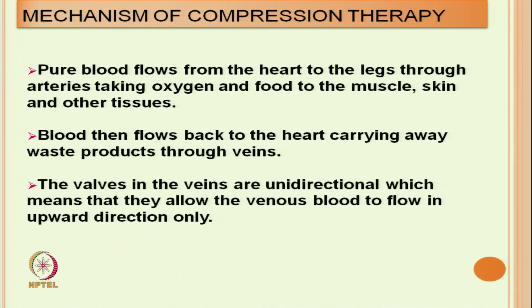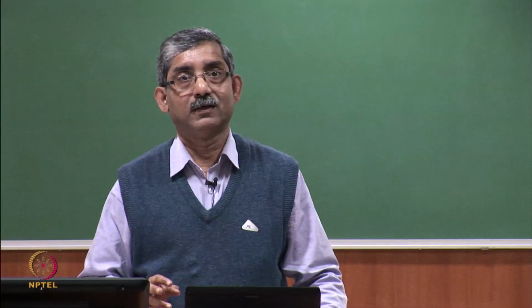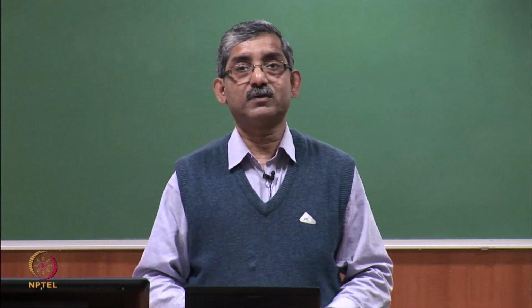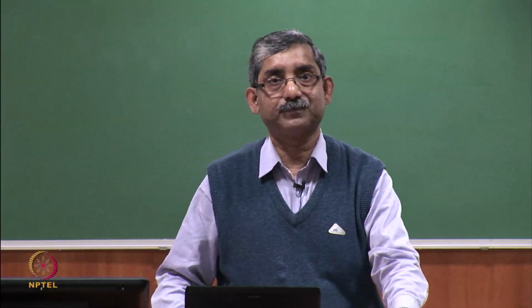The valves in the veins are unidirectional, as we know, which means that they allow the venous blood to flow in the upward direction only. So, the required pressure has to be there so that this blood flows upward.